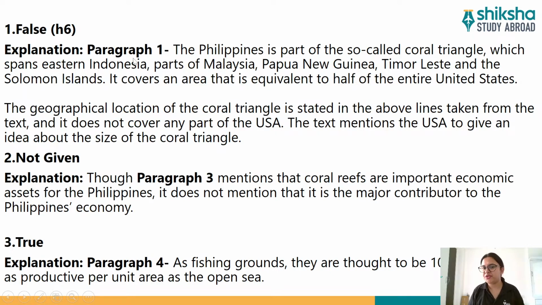So always remember, you'll write false only when the sentence in the passage is contradicting the sentence in the question. And you will write true when the sentence is exactly matching in meaning to the sentence in the question. These are both the terms which you have to remember.